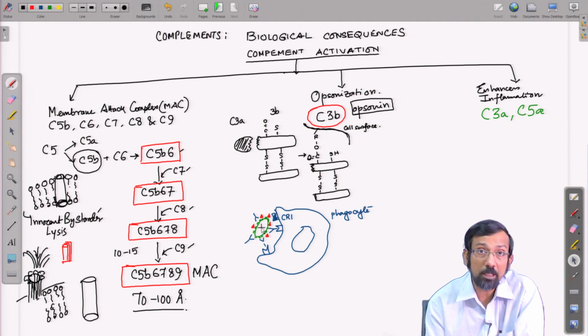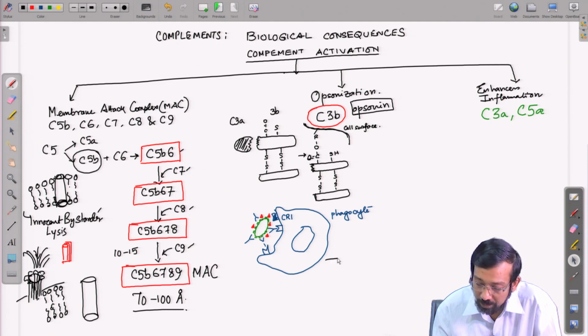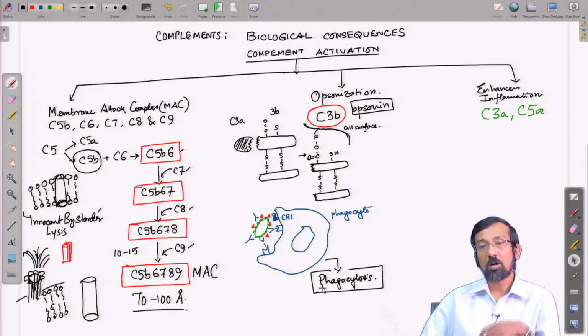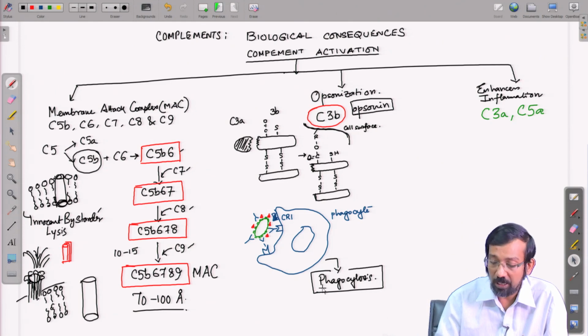When these two interactions are complete, that leads to internalization or phagocytosis. So, this makes phagocytosis complete.